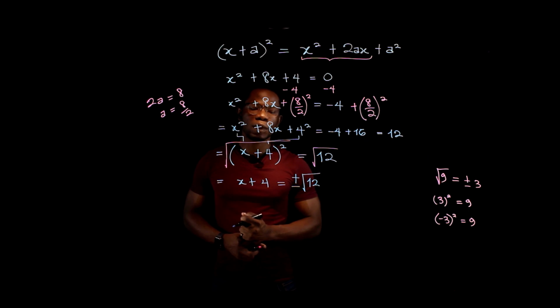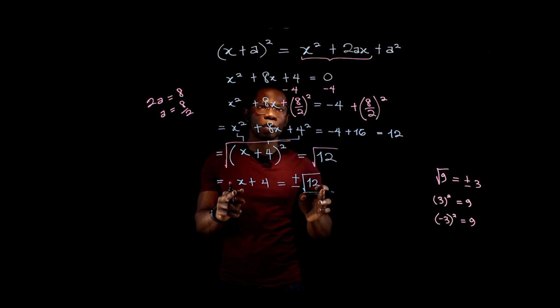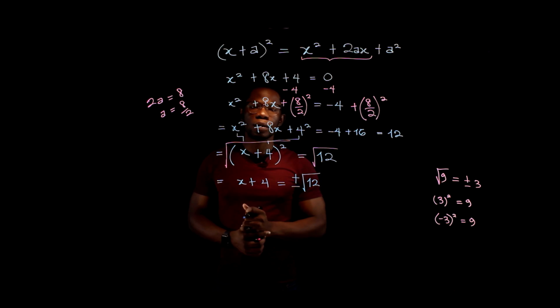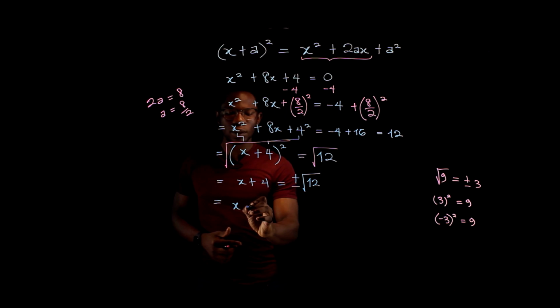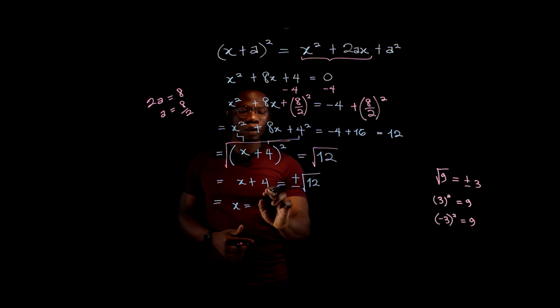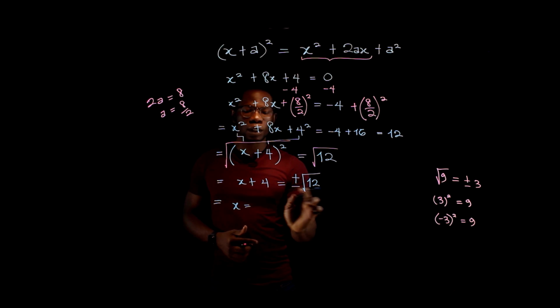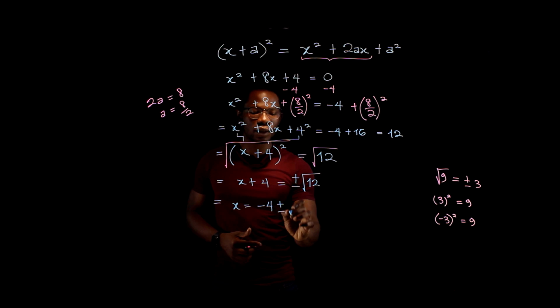So from here we can get the two solutions to this quadratic equation. Our solutions are going to be: x is equal to, if we subtract 4 from both sides of the equation here, we are left with x, and this is going to be equal to minus 4 plus or minus the square root of 12.